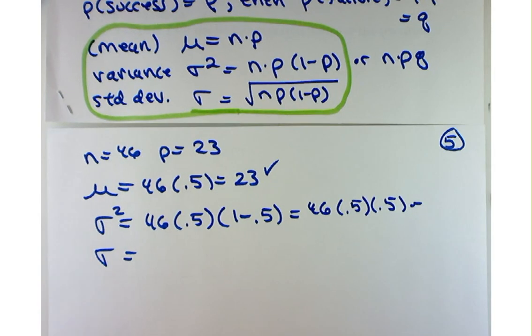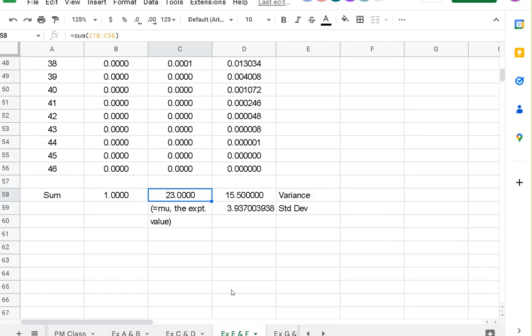And that should give me, what, 11.5? Somebody double check me on that one. Oh. What's wrong here? How come I'm getting 15.5?